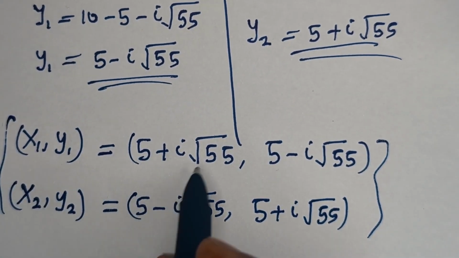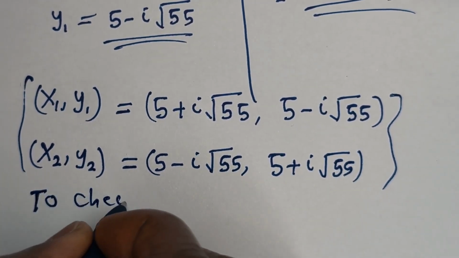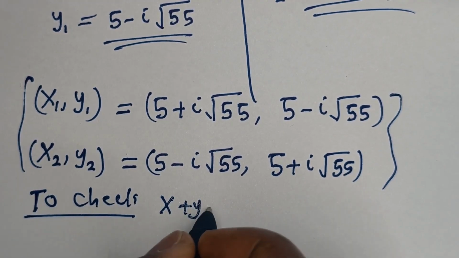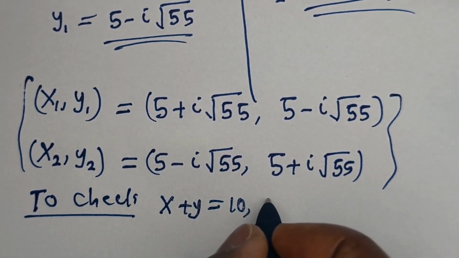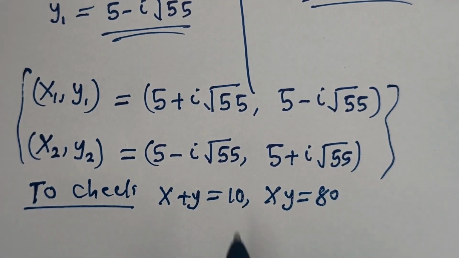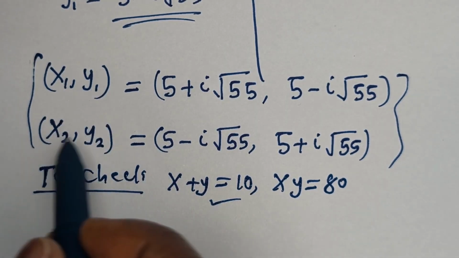We may check to confirm if this answer is right or wrong. Let's check. To check, we have the given equation x plus y is equal to 10, xy is equal to 80. Now, let's consider this using either x1, y1 or x2, y2.